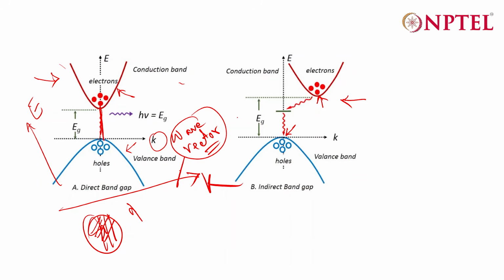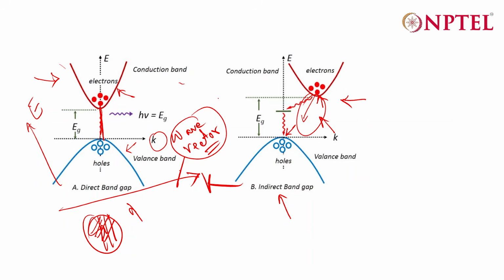Both of these have their own advantages. For example, if you want to make a photovoltaic device wherein you want the carriers to be separated for a longer duration, it's better to use an indirect band gap semiconductor, because in that case the recombination will be very difficult and it is easier to maintain the separation between the electrons and holes.